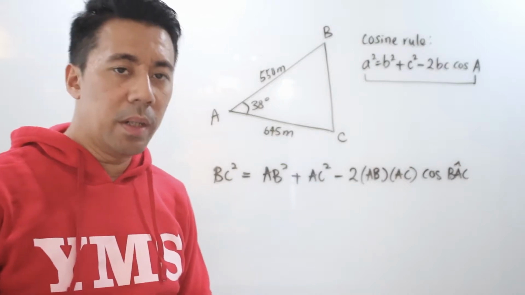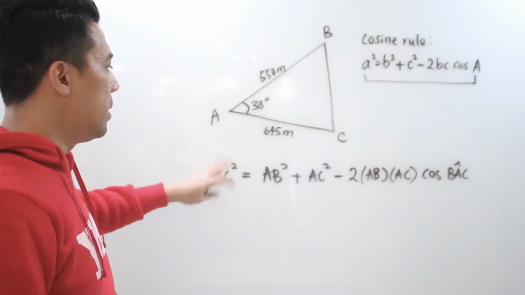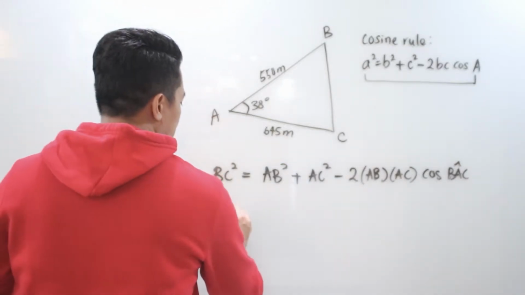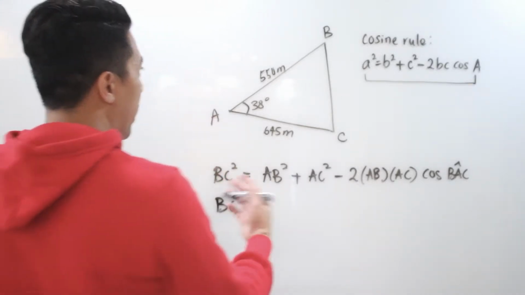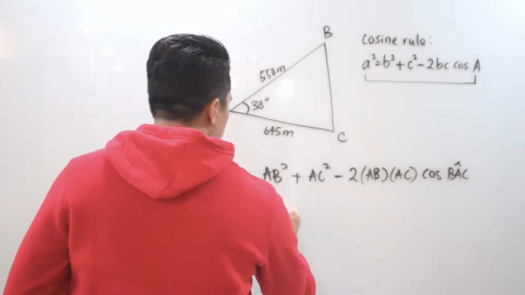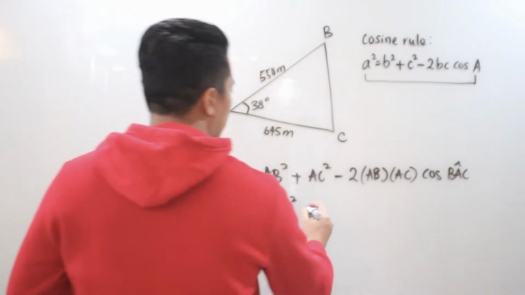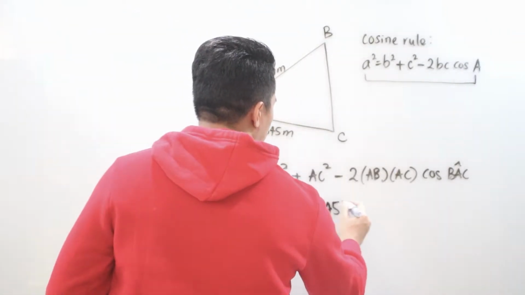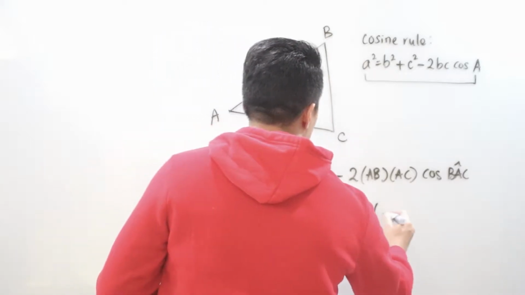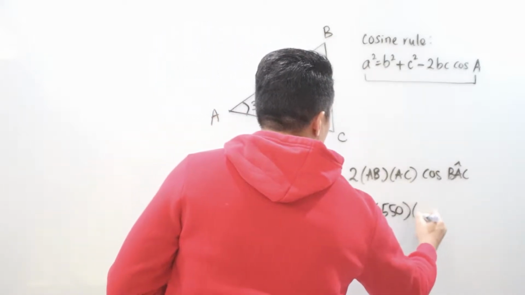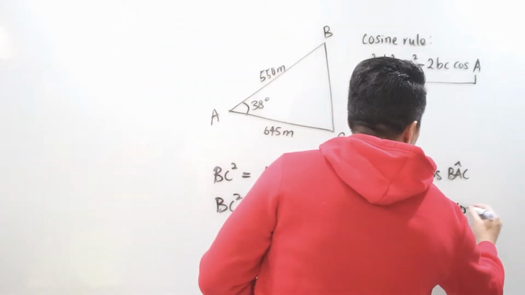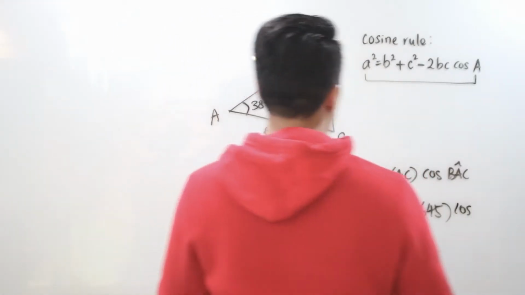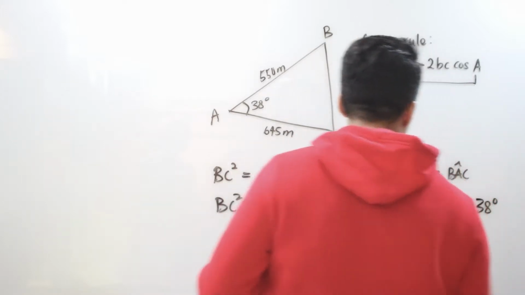Then we will substitute in the information. BC here is the unknown, so I will leave it as BC square first and substitute the other values. AB will be 550 square, AC is 645 square, minus 2, and cosine BAC, so BAC will be 38 degrees.